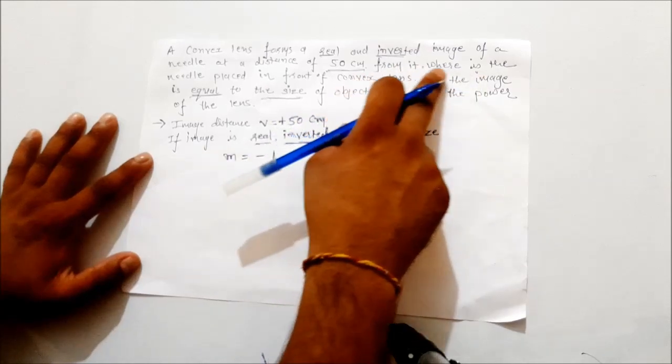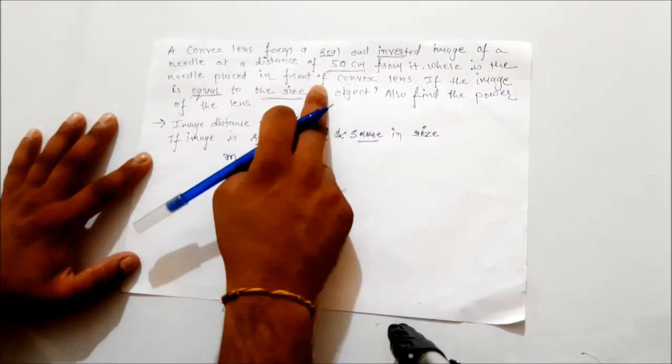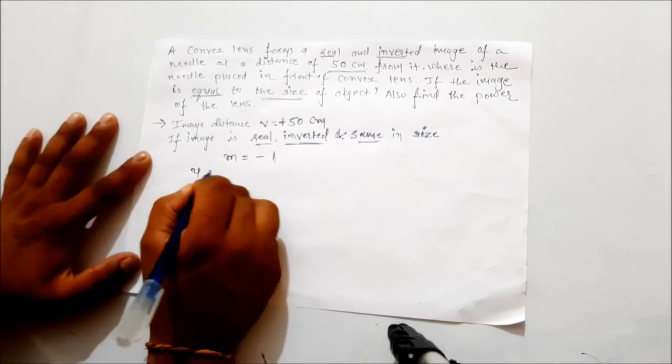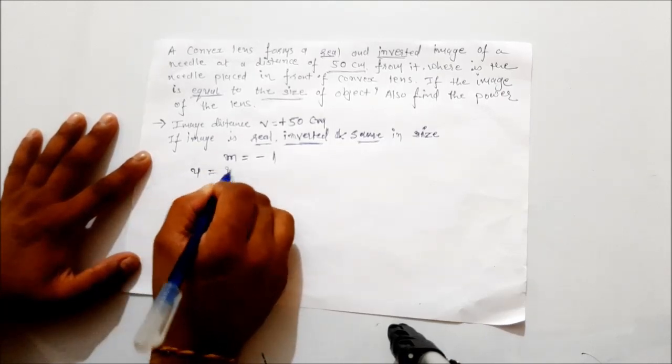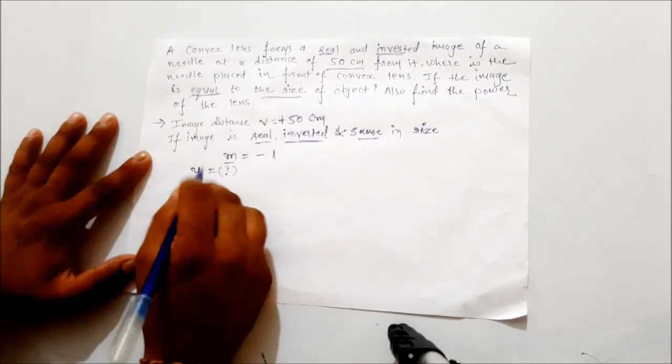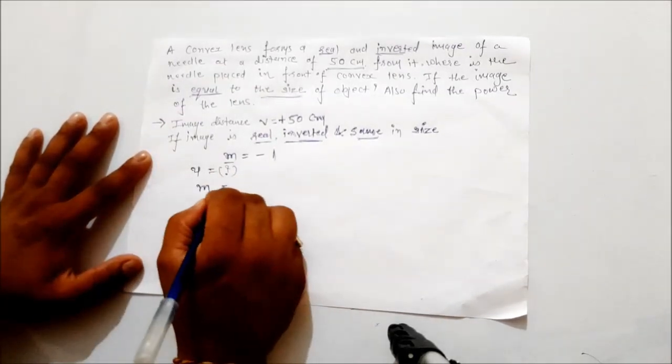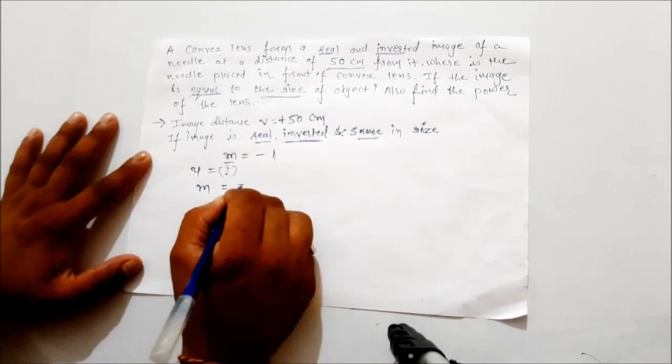For that, what do we have to find out? Where the needle is placed, so we have to find out u. It's very easy. From the formula of magnification we can do it. We have a lens, so m will be equal to v by u, not minus v by u.